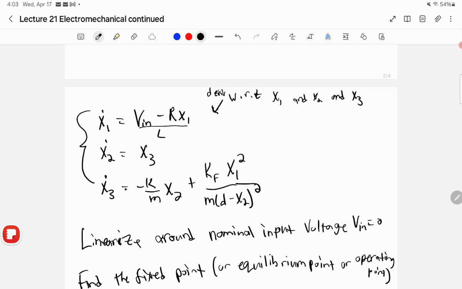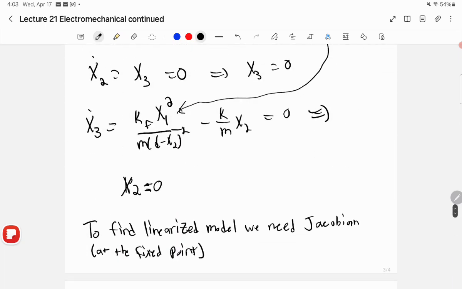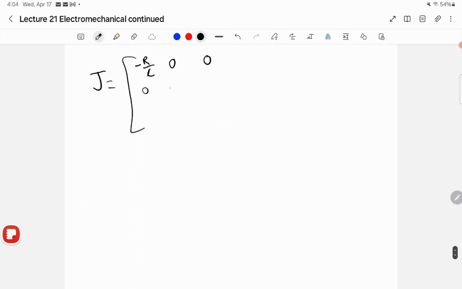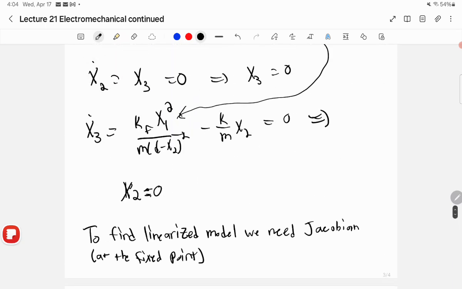If I take the derivative of this top piece with respect to x1, what I'm going to find is that I get minus R over L. So that's what I'll put down here. But there's no x2 or x3, so this is just going to be 0, 0. For the second one, there's only an x3, and it's not multiplied times anything, so this is going to be simple. The third one, I do have to do a little bit of work.